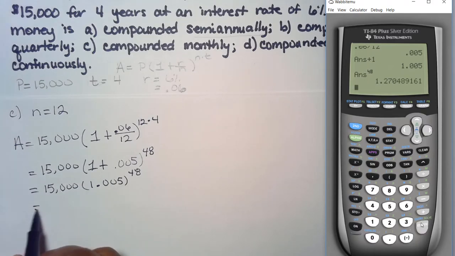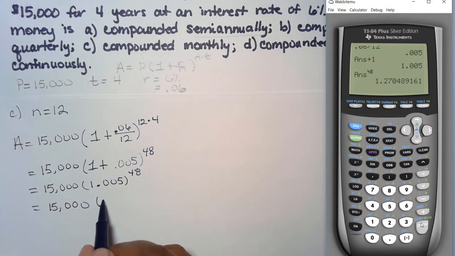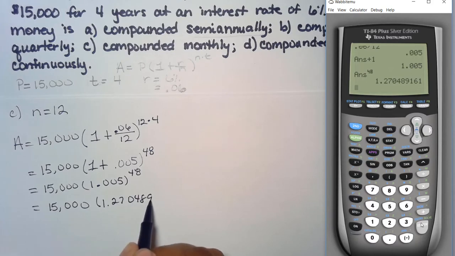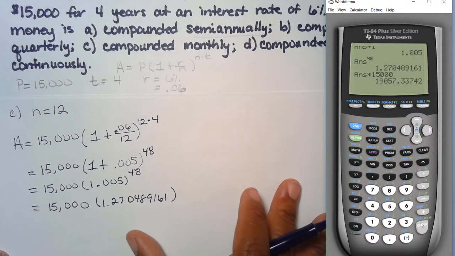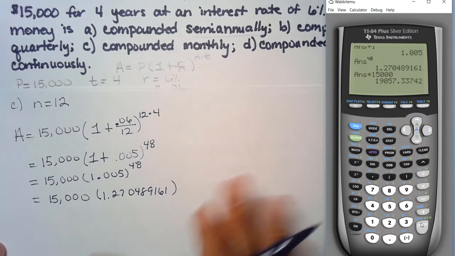So we have here 15,000 times 1.270489161, and times that by 15,000 to see if we would earn a little bit more if we invested monthly.